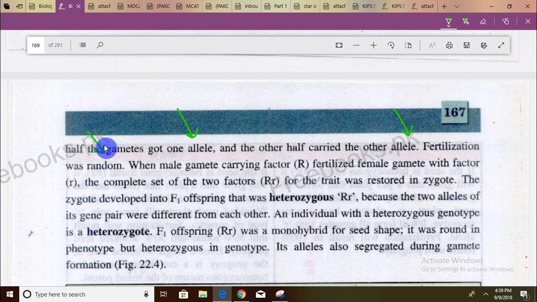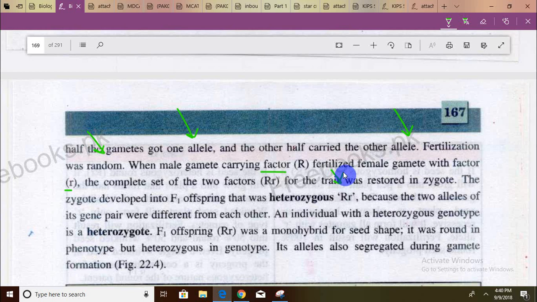So when male gametes carrying capital R fertilized female gametes with factor small r, the complete set of the two factors for the trait was restored in the zygote. The zygote developed into F1 offspring that were heterozygous Rr because the two alleles of its gene pair were different from each other.